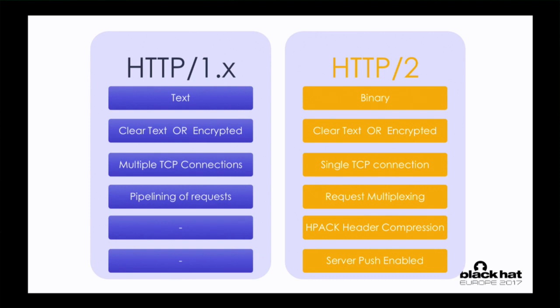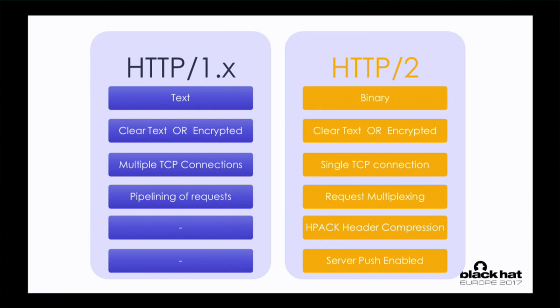So hopefully by now you have a fairly good understanding, and I'll do just a quick recap. These are the key differences between the two versions of the protocol. First, I'm sorry, I don't know why you can't see the color so well. It should be orange, but I'll try to read that out to you. The first version of the protocol is a text-based protocol, whereas the second version is a binary protocol.